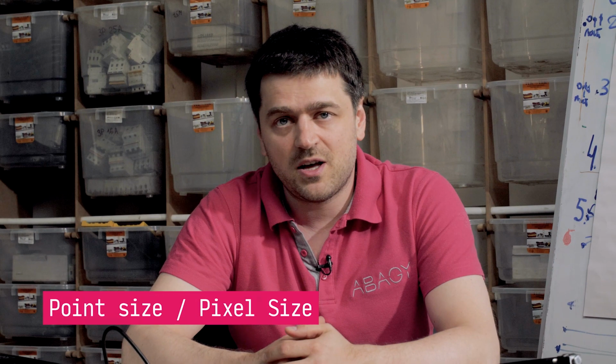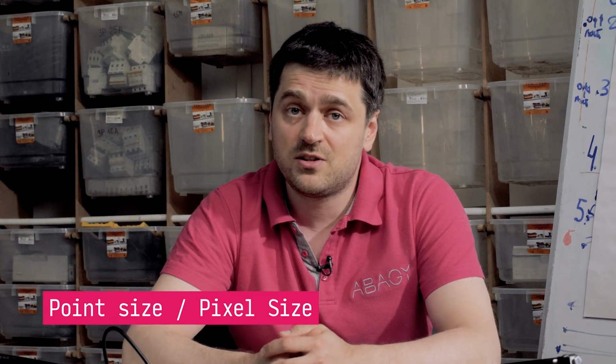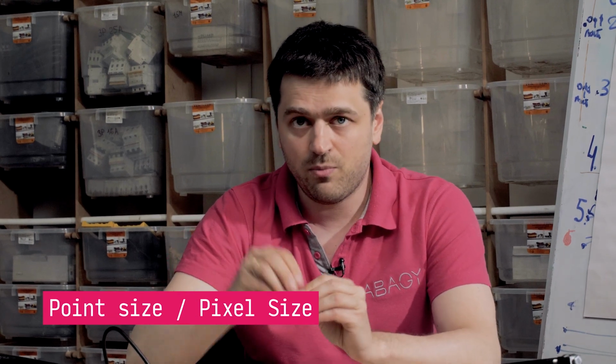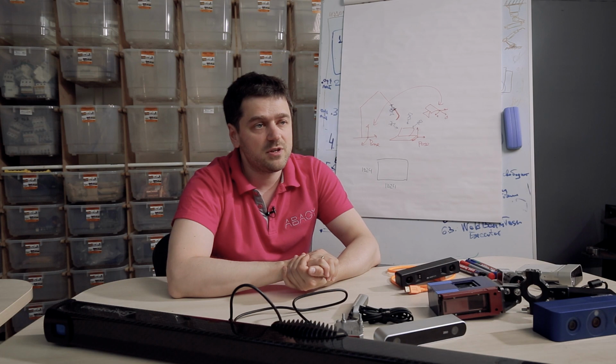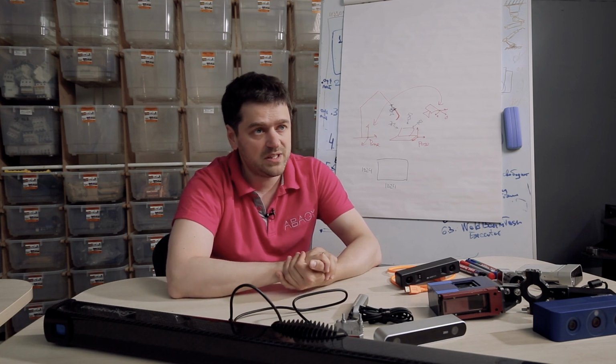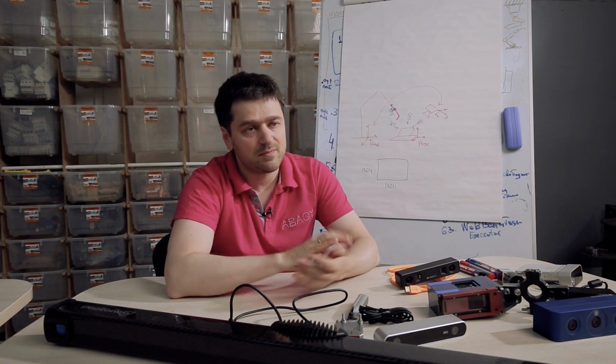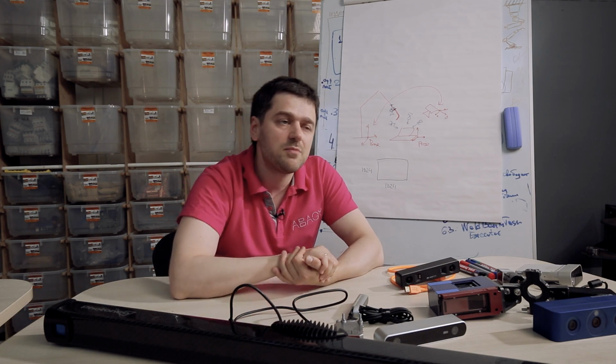The next parameter that is frequently used is point size. The point size is actually the average distance from neighboring points in an average point cloud shot by this device. This parameter is also sometimes called pixel size, and it's connected with pixel size, and pixel size means the actual length in the real world that is projected to the single pixel of the device.